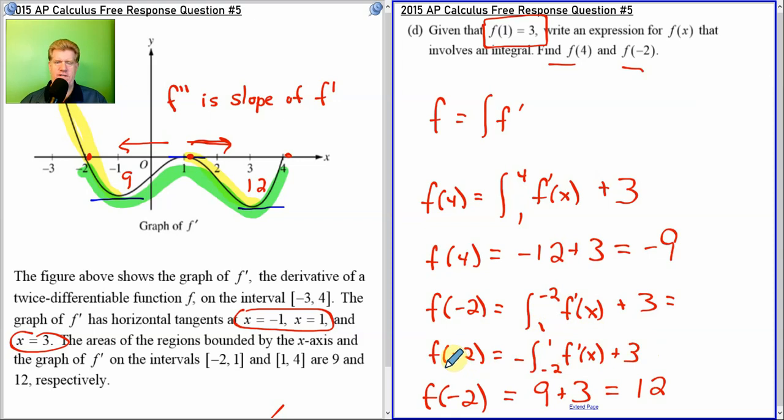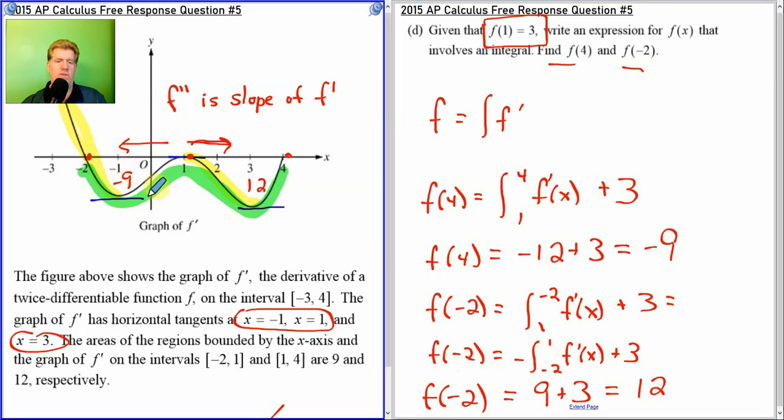Really the whole sense is the direction we're going. If it's backwards, it's negative. And if you understand that these two are opposites, well, what is the area between negative 2 and 1? Well, it's negative 9 because it's below the axis. So what's the opposite of negative 9? Positive 9. So 2 different ways to think about that.